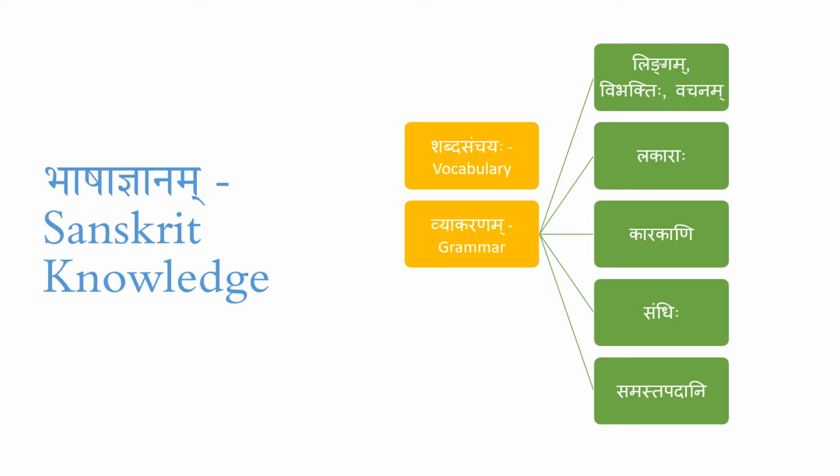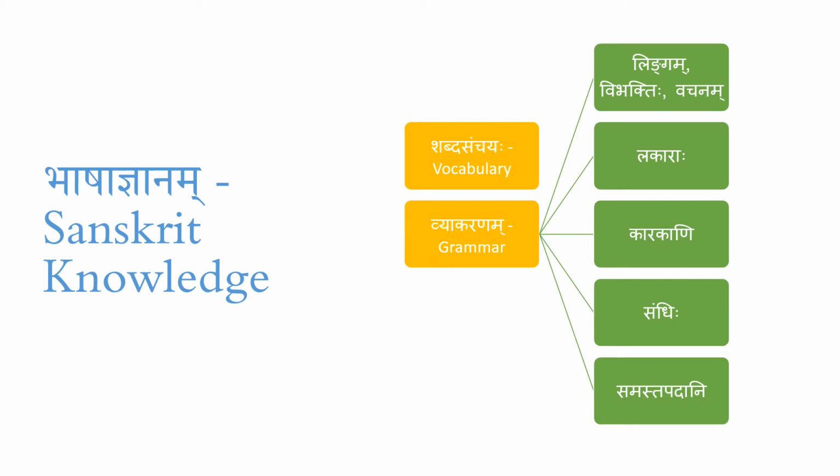Then in the Vyakaranam, there are different aspects here. Sanskrit students would already know this. There is lingam, vibhakti, vachanam that should be taken care of. Visheshanam and vishesham should be in the same lingam, and there are some exceptions. One should be familiar with those kinds of things. And then there are different kriyapadas.